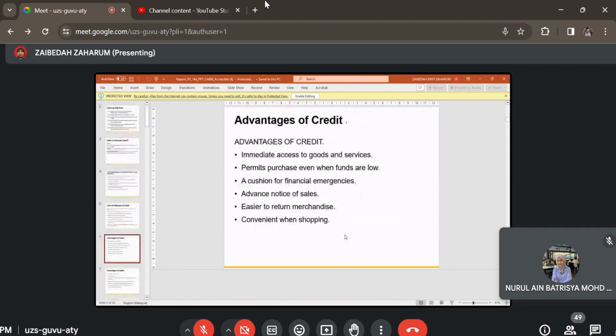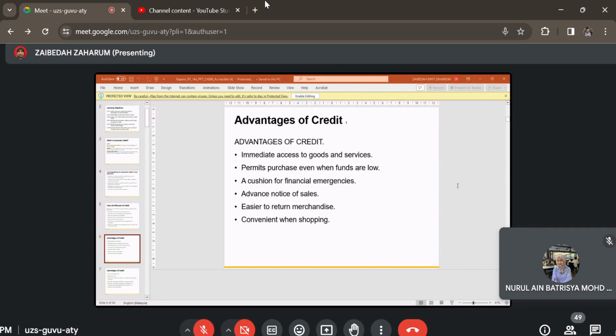So now we go to the advantages of credit, okay. Advantages of credit tadi, okay. So the first one, the advantage dia adalah immediate access to goods and services. Okay. Yang ini merupakan a primary advantage of credit. Okay.